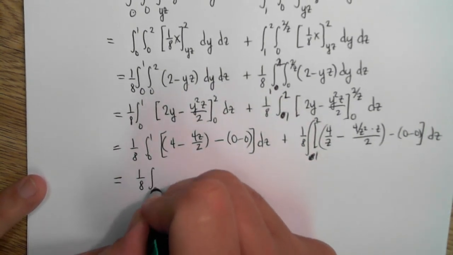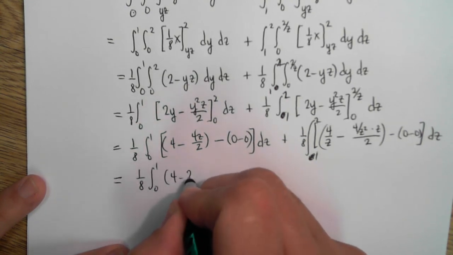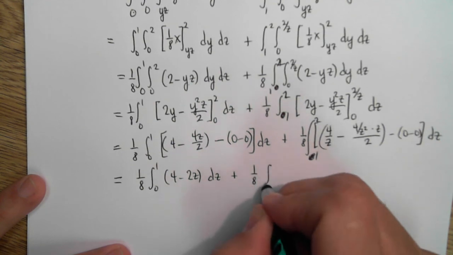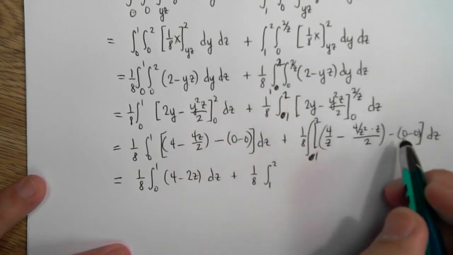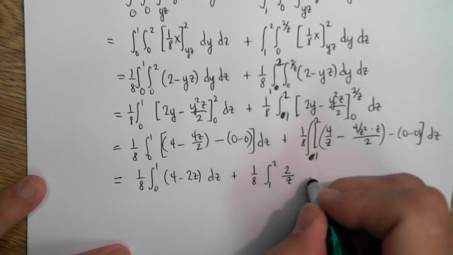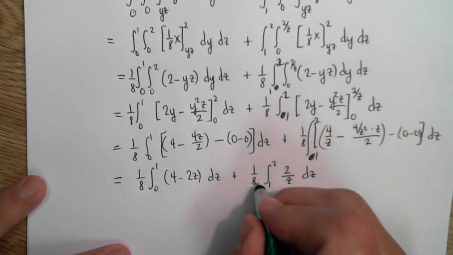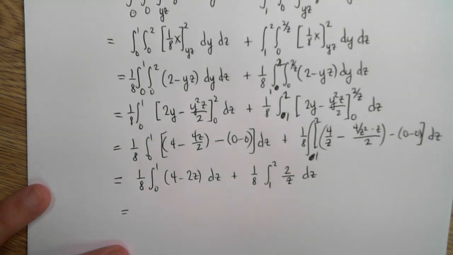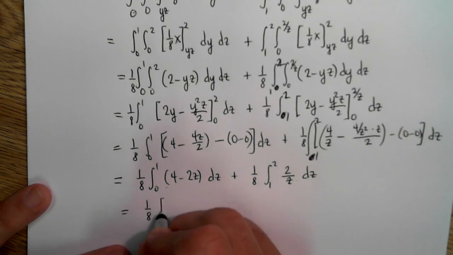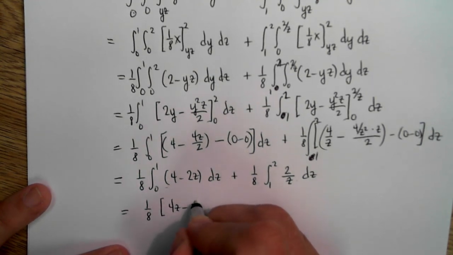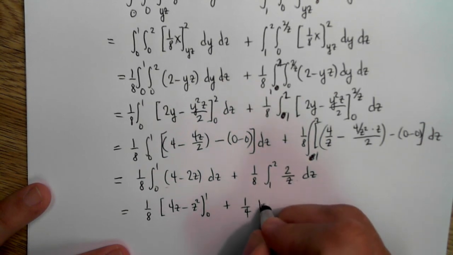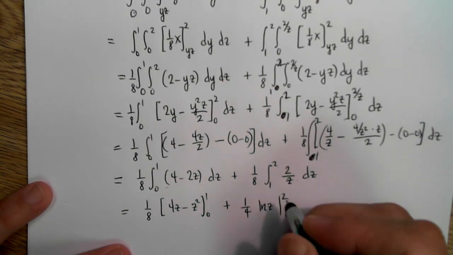Okay, so 1/8, integral from 0 to 1, 4 minus 2z dz, plus 1/8, integral from 1 to 2, and this simplifies as 2 over z dz, so that'll be 1/4 on the next step. Now we have two more integrals to compute. We have 1/8, 4z minus z squared from 0 to 1. Then I have 1/4 natural log z evaluated from 1 to 2.